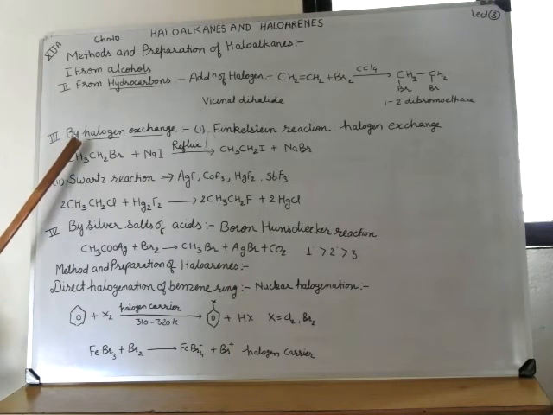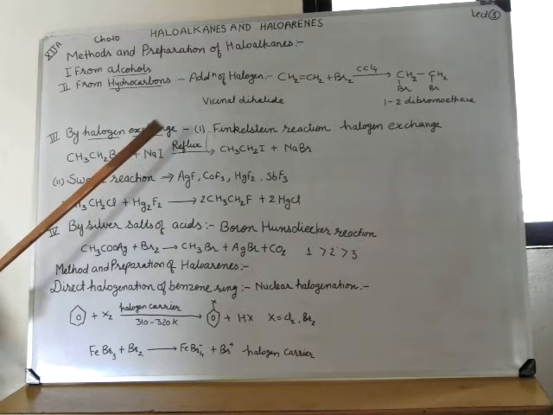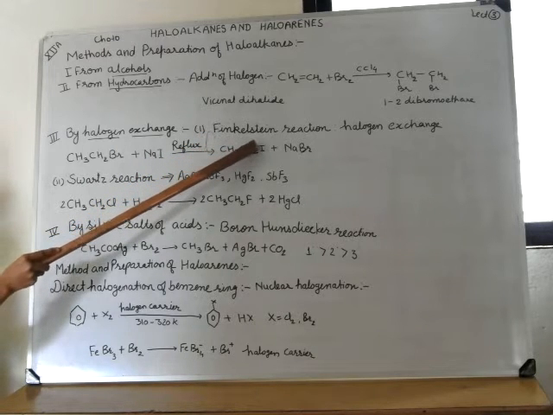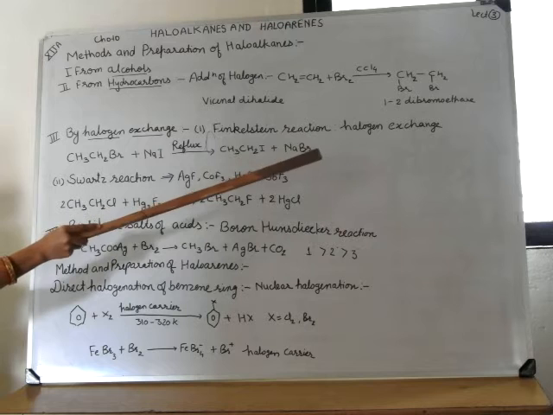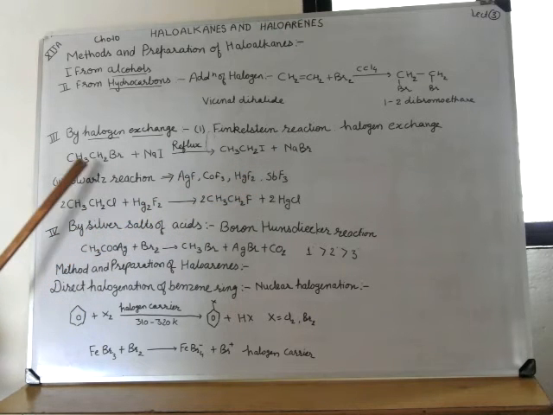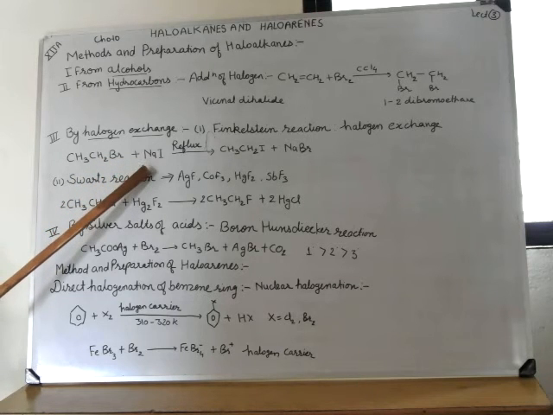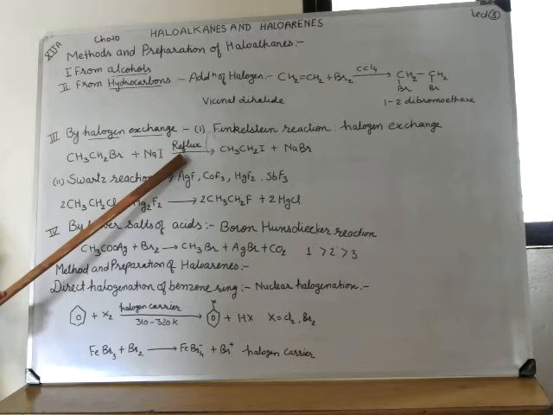Third, by halogen exchange. This is a name reaction, the Finkelstein reaction. Here the halogen is exchanged. CH3CH2Br, bromoethane, reacts with sodium iodide under reflux.